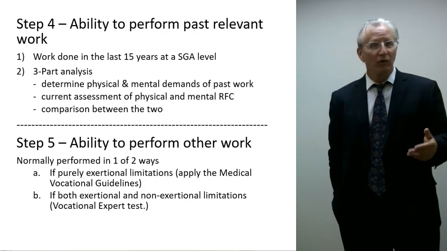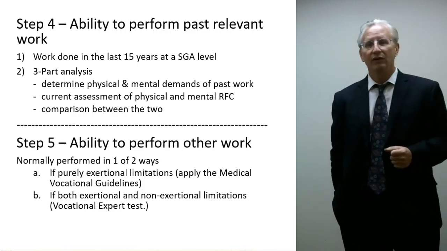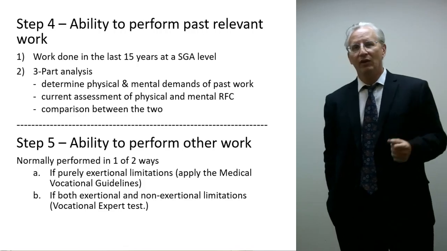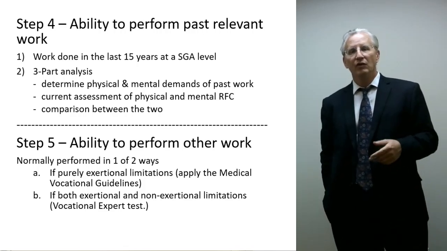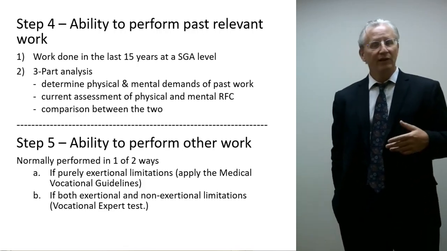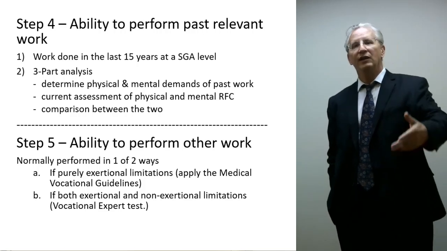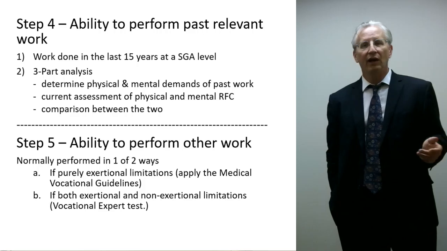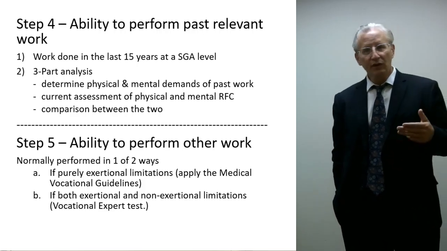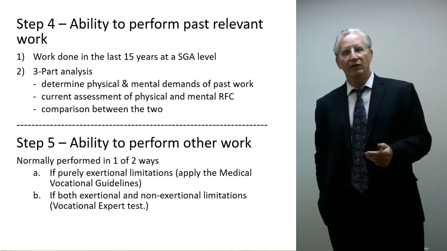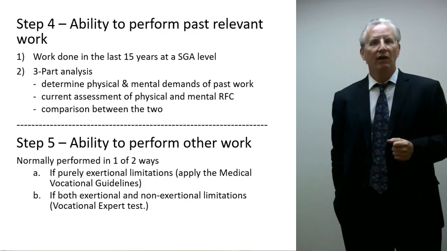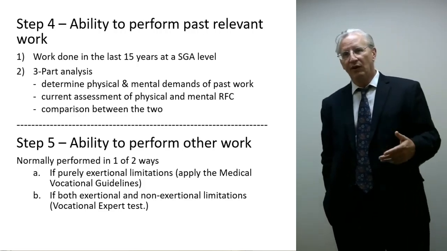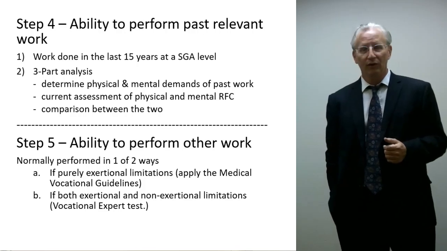If an individual has both exertional and non-exertional limitations, then an administrative law judge will be required to have what's called vocational expert testimony. So in our prior example, if the individual had, let's say, significant depression or anxiety, in addition to their physical impairments, medical vocational guidelines could not be used. And a judge would now be required to craft various hypothetical questions to a vocational expert for purposes of identifying or not identifying other work.